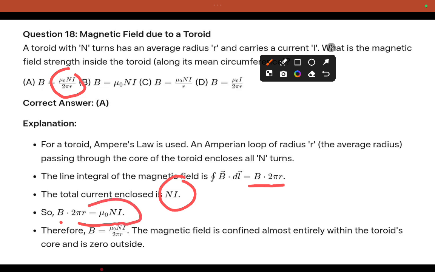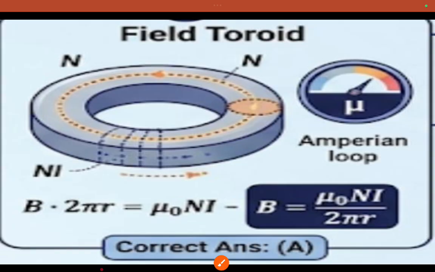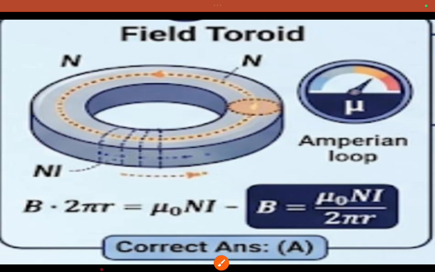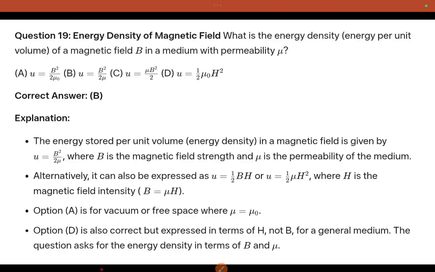After simplifying, B equals mu naught Ni by 2 pi R. The magnetic field is confined almost entirely within the toroid's core and is zero outside. You can see this is a schematic diagram of a toroid, and the answer is based on Ampere's law.